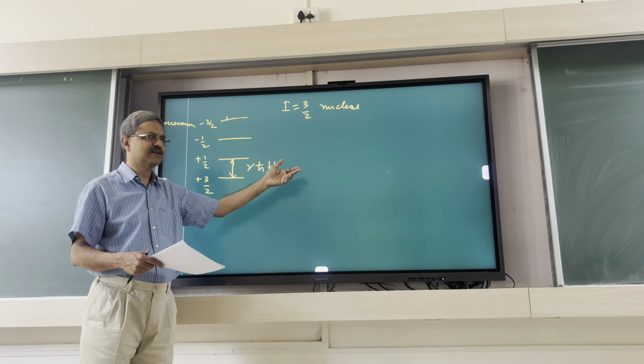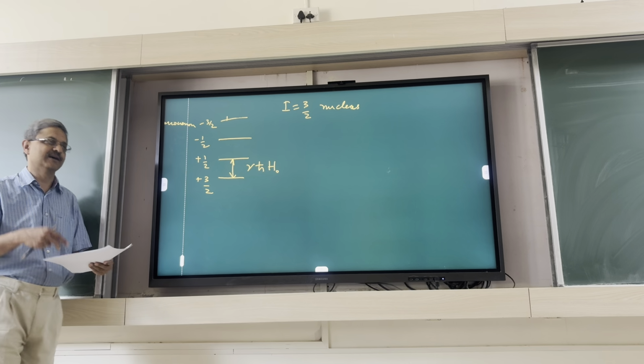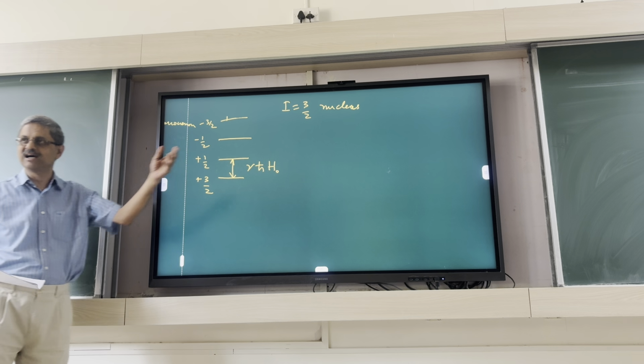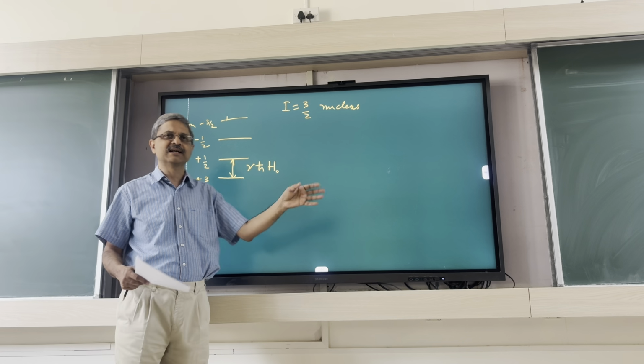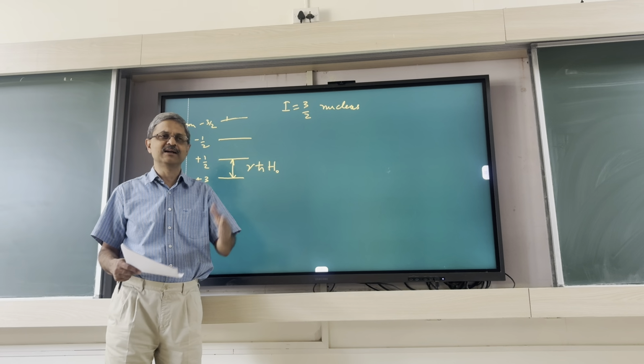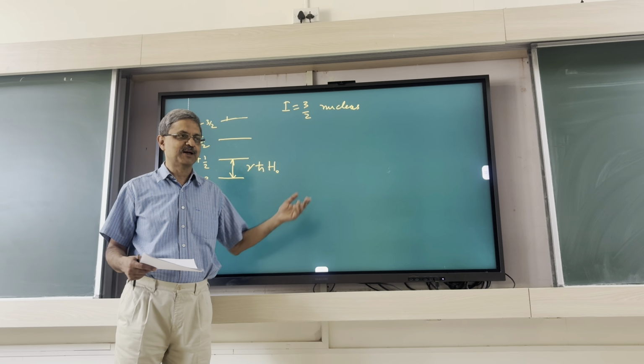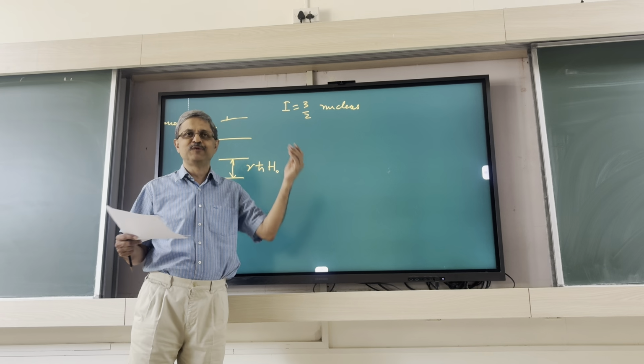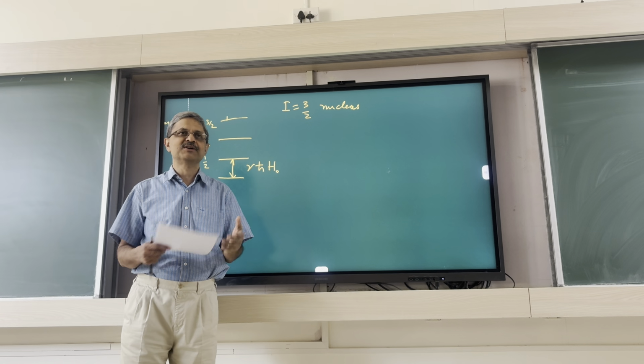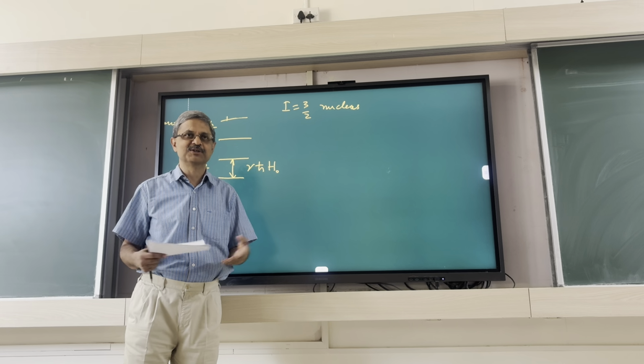Likewise, it can be done, but typically in a lab you have fields of like a Tesla. And again, in advance I'll tell you, the signal generated in an NMR experiment is higher when the field is higher, so everybody wants as high a field as possible.